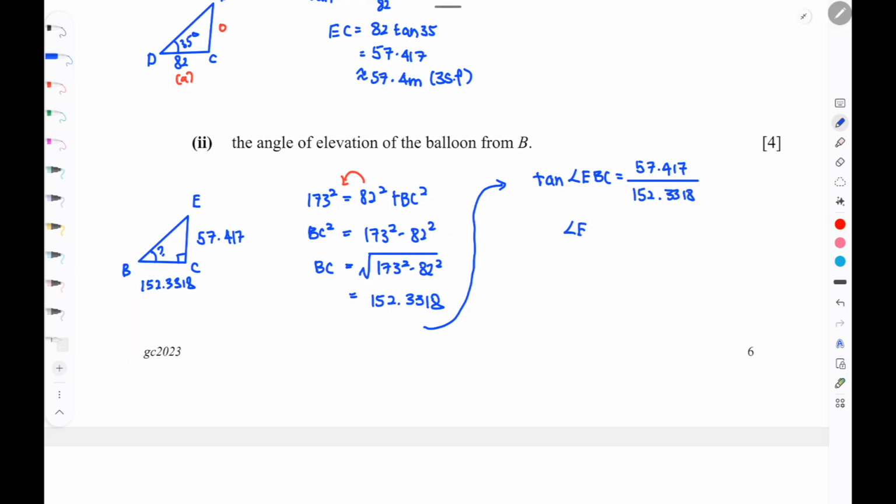Okay, I bring my tangent over, becomes tangent inverse of 57.417 over 152.3318. Okay, I type this whole thing into a calculator. I get 20.652, which I can round off to 20.7 degrees. It's 1 dp.